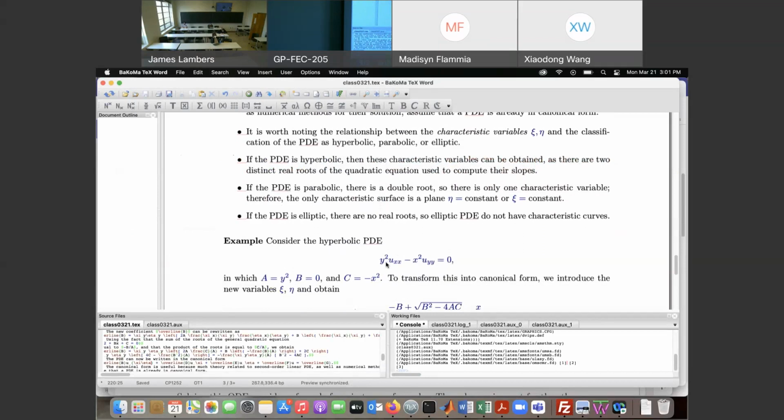We have y squared uxx minus x squared uyy is 0. So here are coefficients a, b, and c. So b squared minus 4ac would turn out to be 4x squared y squared, which is positive. So unless x and y are 0, the equation is hyperbolic.